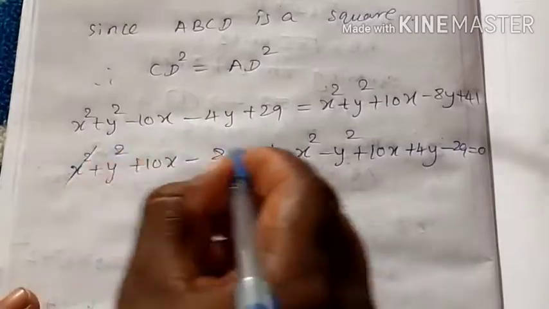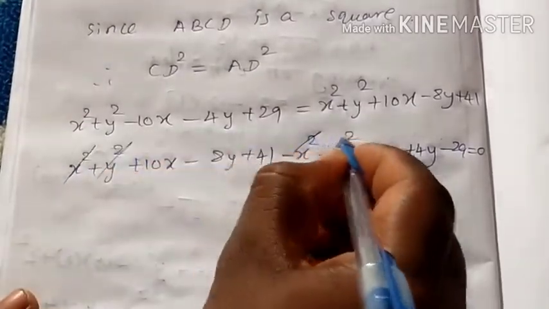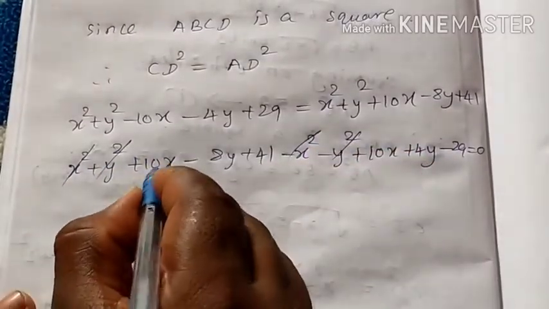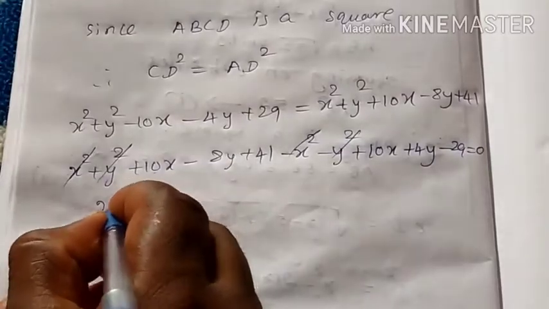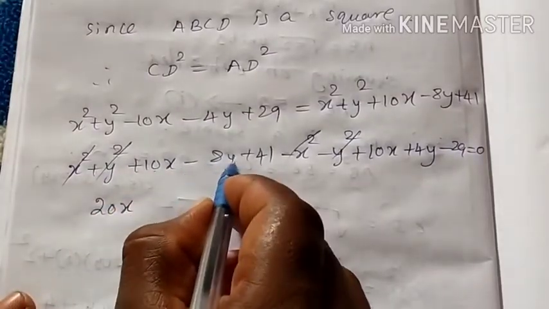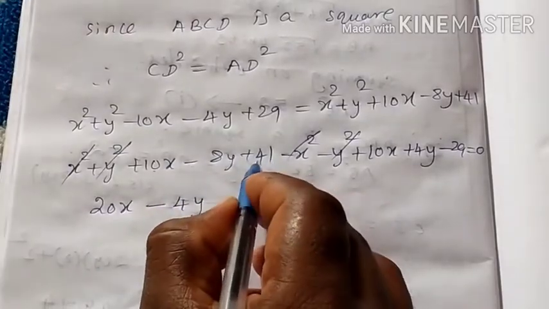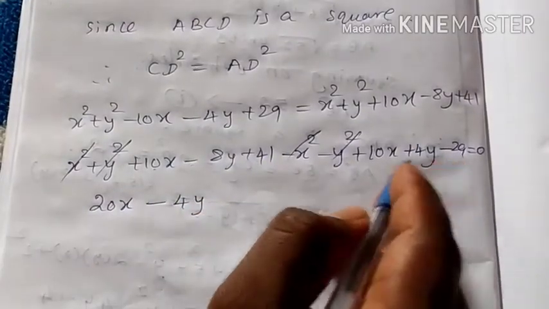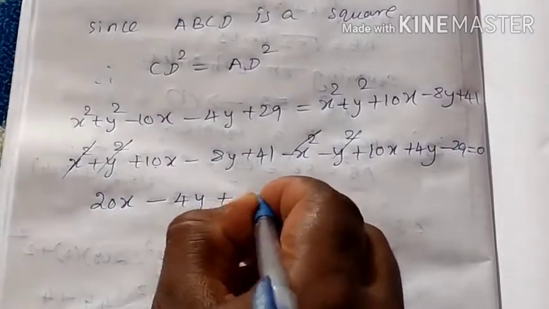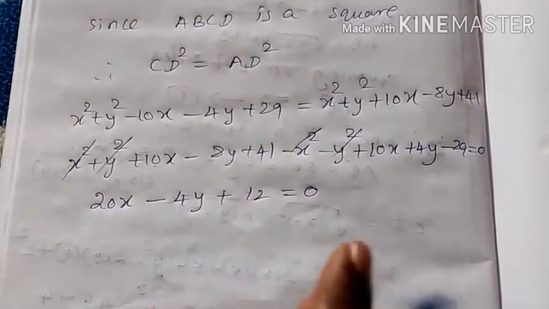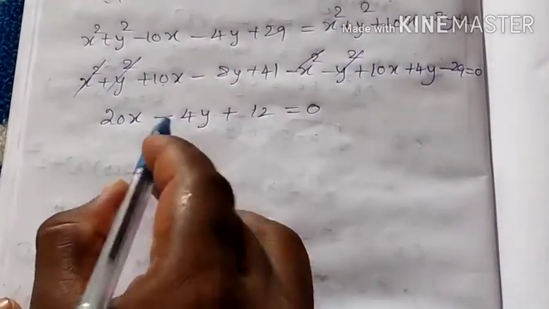Plus x square minus x square, plus y square minus y square are cancelled. Then 10x plus 10x totally 20x. Then minus 8y plus 4y is minus 4y. Then 41 plus 41 minus 29 is plus 12 equal to 0. Compare all the coefficients.